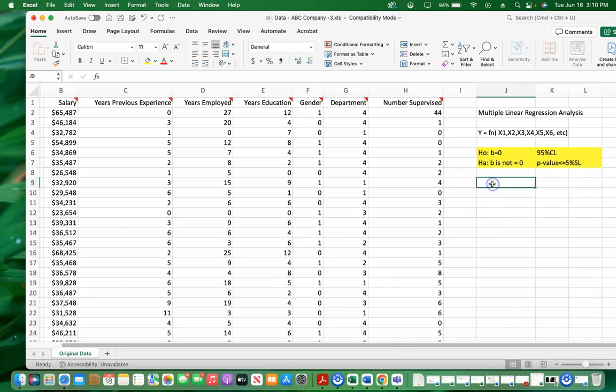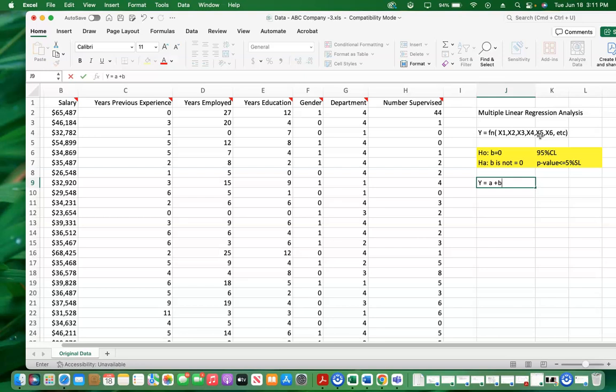And now we can write the regression model as y, which is observed y, equals the y-intercept, which is the coefficient a, plus, now we're going to consider the slope of each variable.